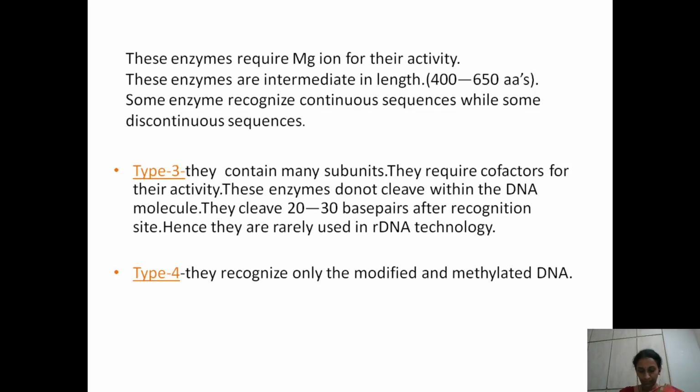That is, this pattern repeats many times on the DNA molecule. On the DNA molecule, this pattern C, T, G, A, G will be repeated many number of times. It is called a continuous sequence.